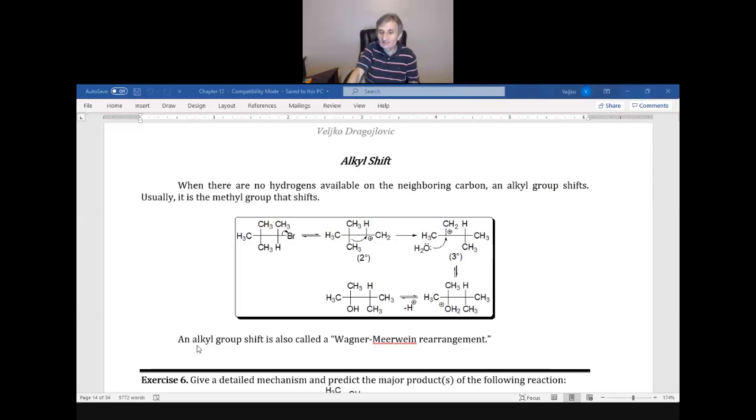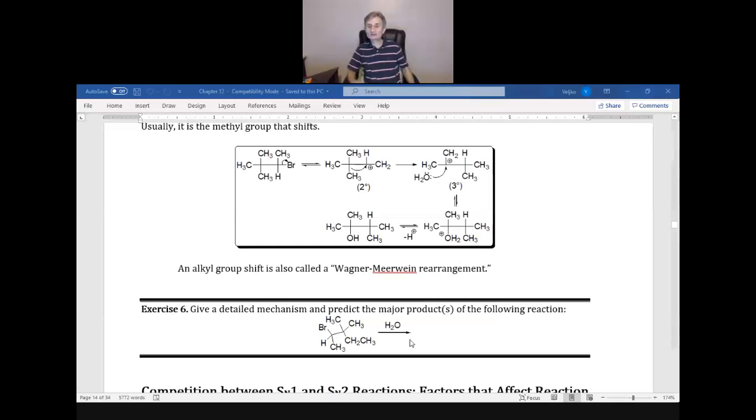Alkyl shift is called Wagner-Meerwein rearrangement. You need to be familiar with that name, because sometimes exams such as the MCAT will ask you what is the result of Wagner-Meerwein rearrangement of the following carbocation. And that simply means rearrangement of a carbocation, alkyl group shift.